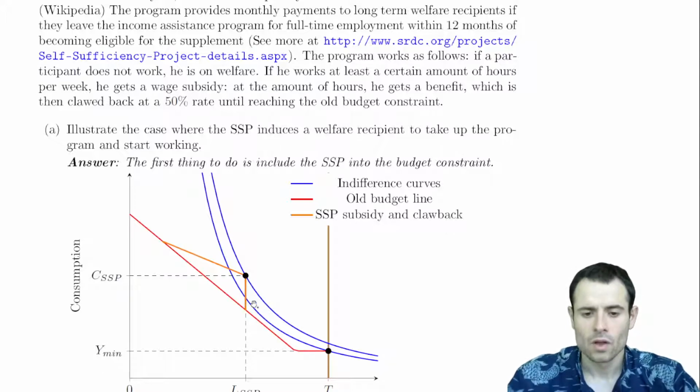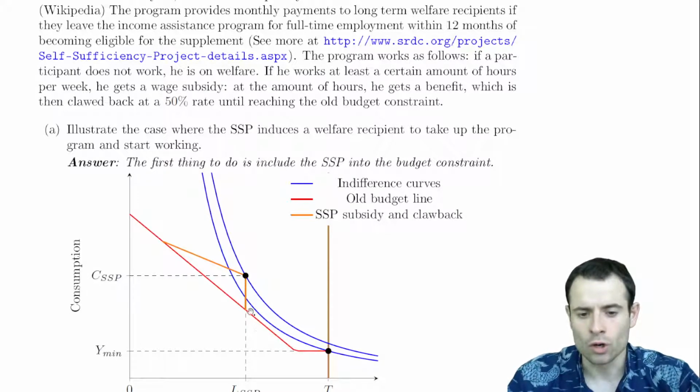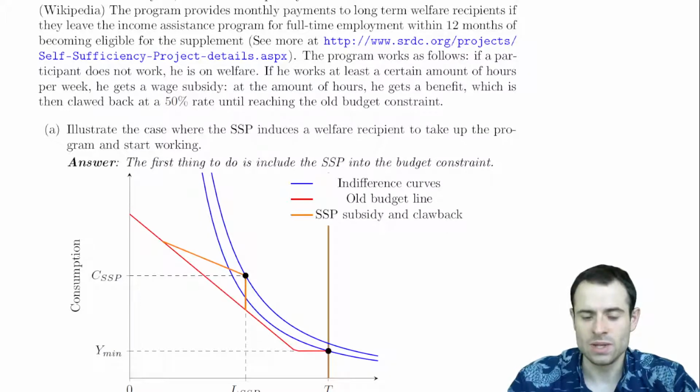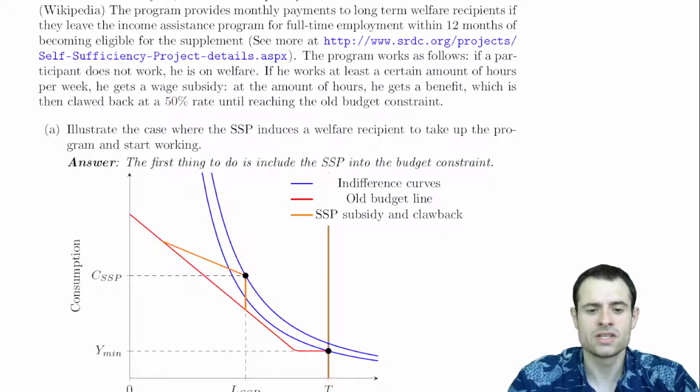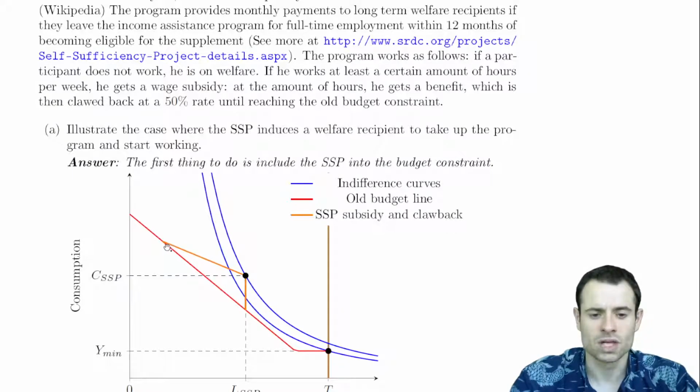So, once our individual works an amount LSSP, he gets a jump in his budget constraint, and for any extra hour that he works, he's going to have to pay 50% of the money earned back to the government until he reaches the old budget constraint.